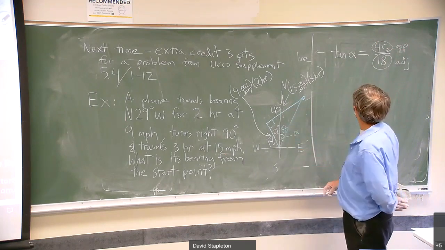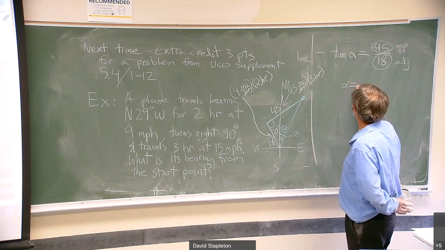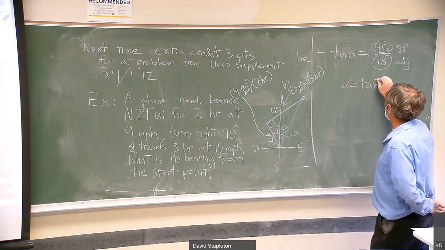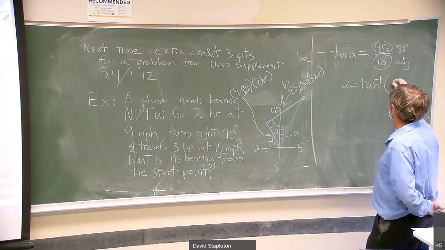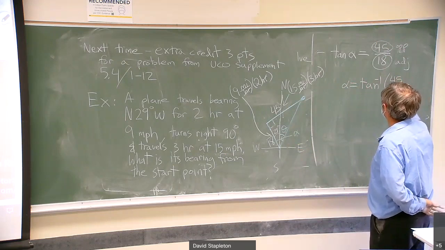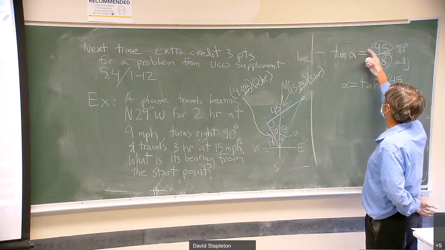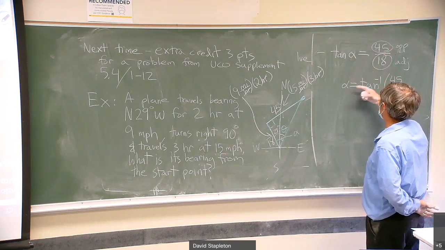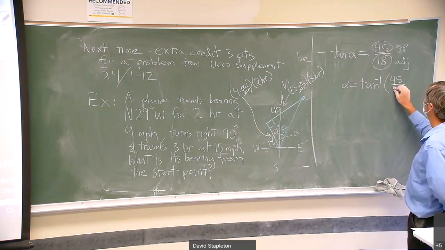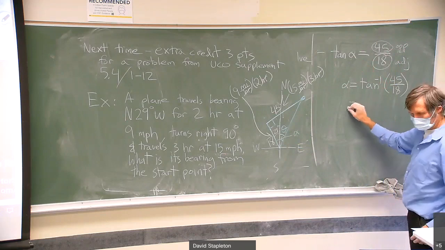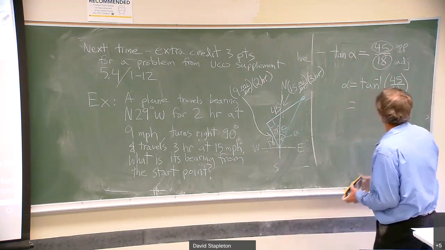And now, alpha must be, in any triangle, the angle's acute, so alpha must be the inverse tangent, right? Anytime you have a trig function equal a number and the angle's acute, you just take the inverse tangent. But let's see what that comes out to be.